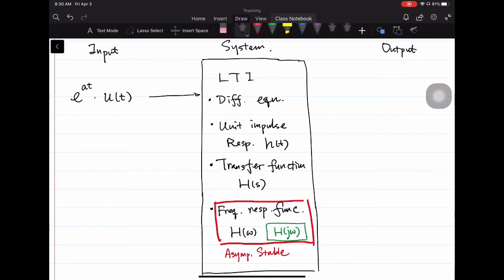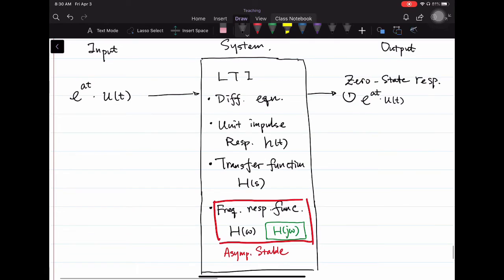The way to solve for the response in this case is that we focus on the zero state response, and we have discussed two methods. First, you can use the convolution integral, like what we did in chapter 2.